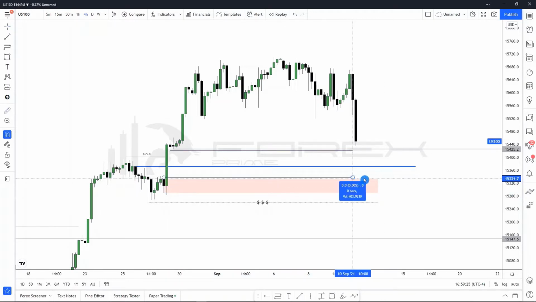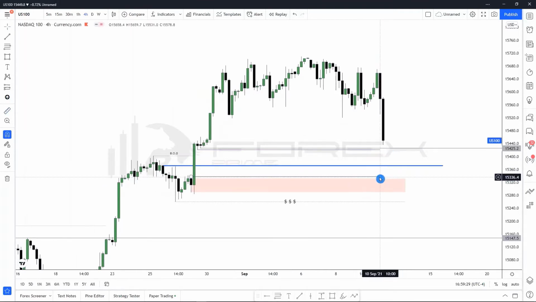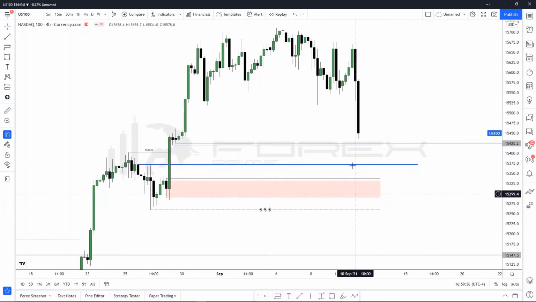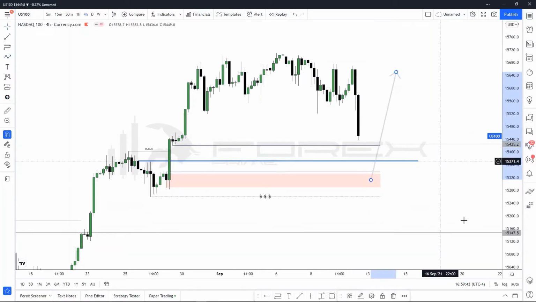Just make it neat and tidy right there, and we can see that price needs to fill that in. All right, so once price reaches that level, that could mean that we could have long opportunities towards the upside.